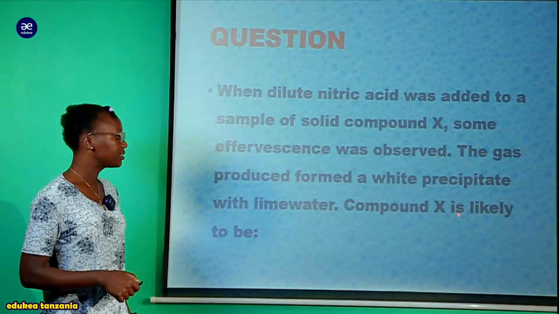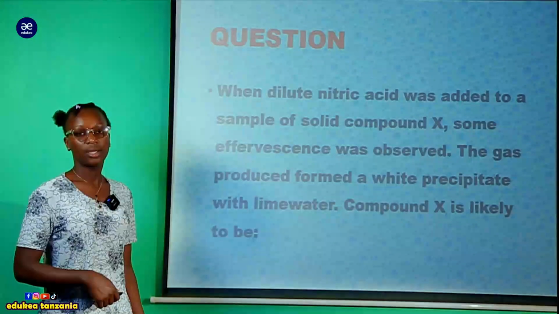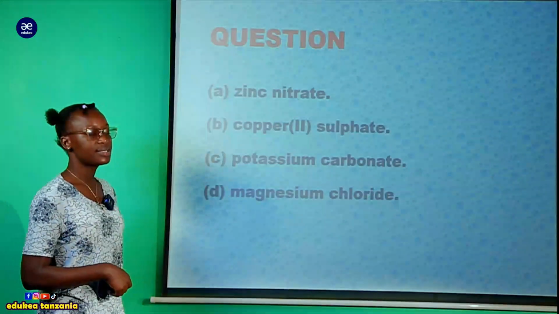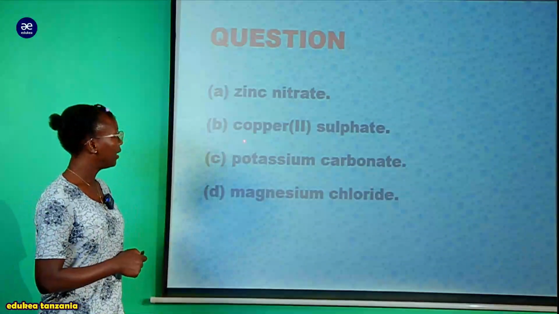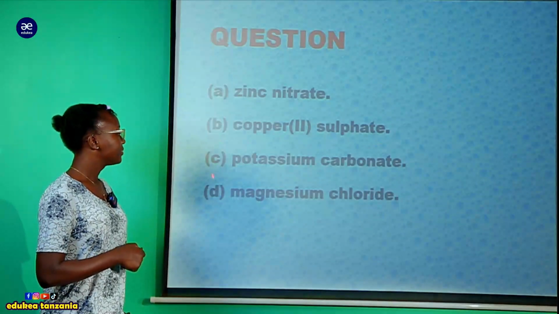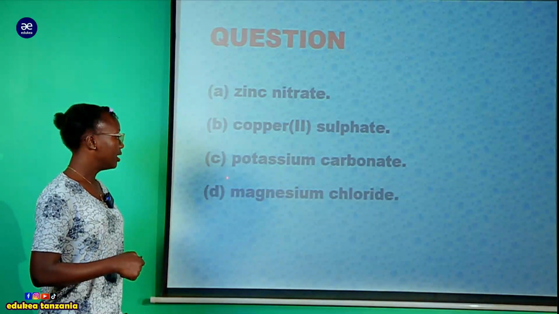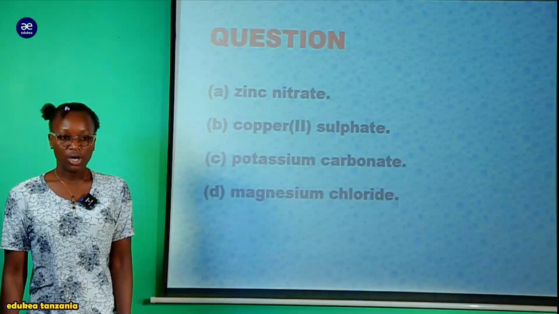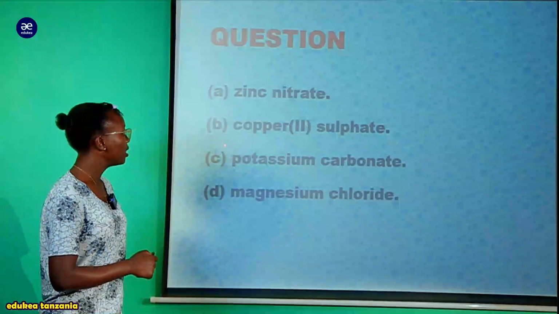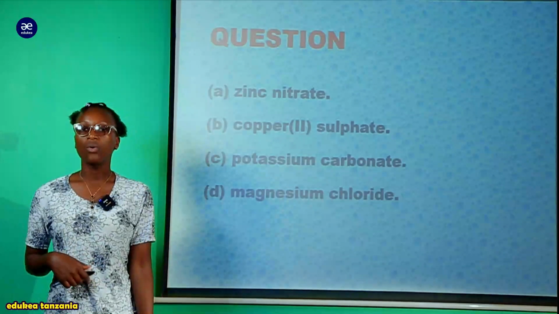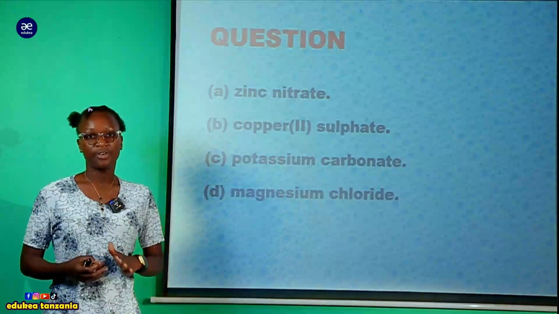So compound X is likely to be, akakuwekea sasa selection: A, zinc nitrate; B, copper 2 sulfate; C, potassium carbonate; D, magnesium chloride. So how comes nakuja tu nakuambia jibu ni C, au nije tu nikwambie jibu ni A afu nikuache tu?